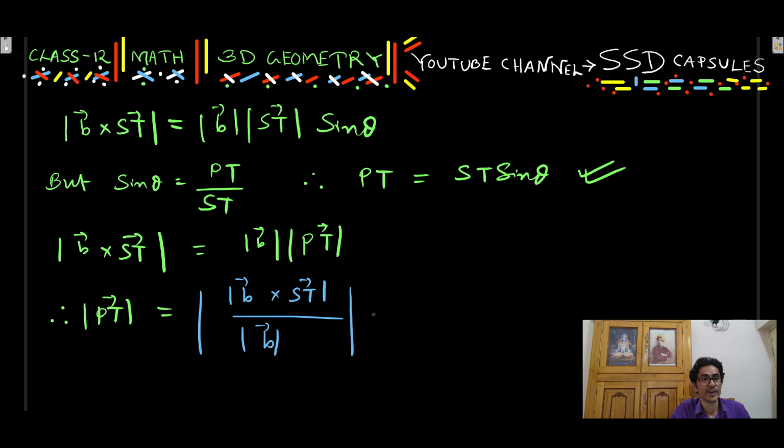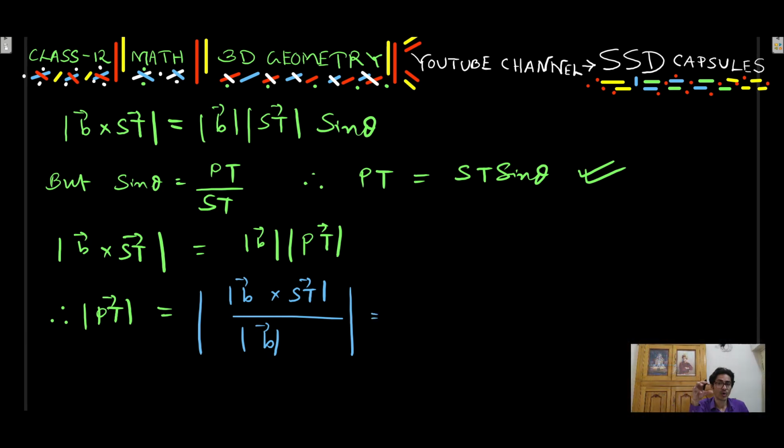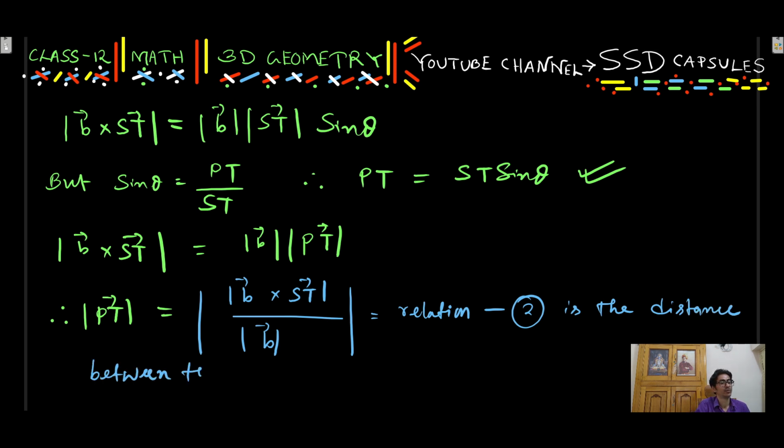So this is the formula in vector form, which will give the distance between two parallel lines. So relation 2 is the distance between two parallel lines in vector form.